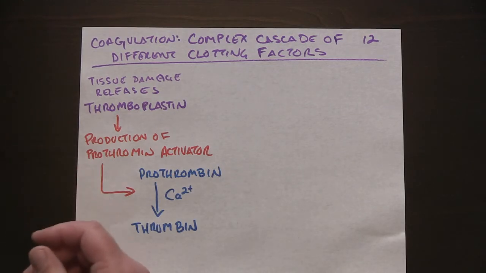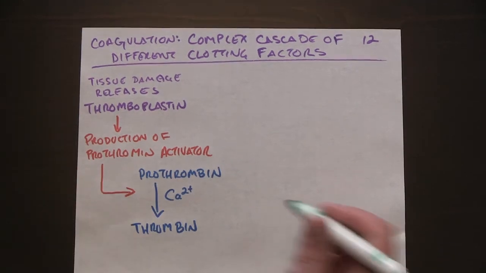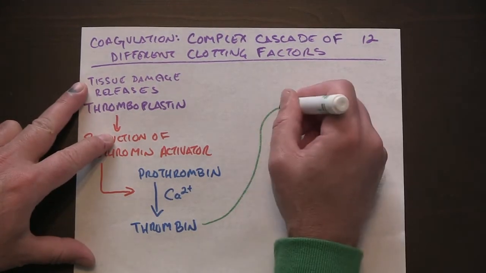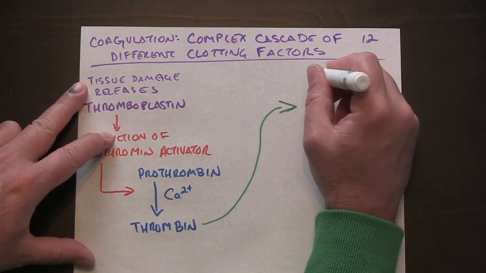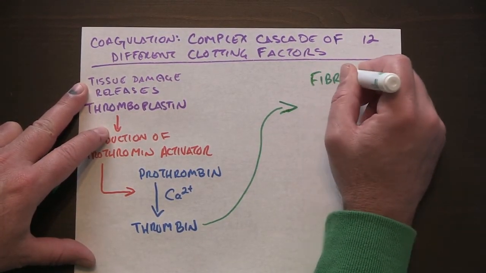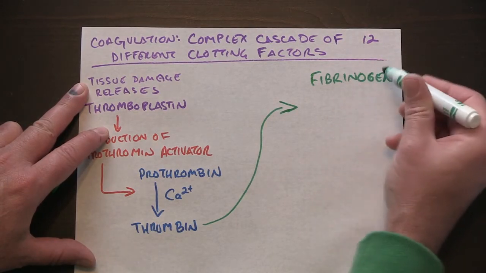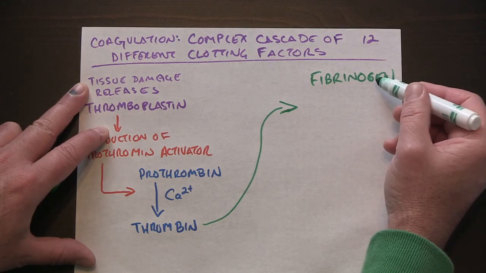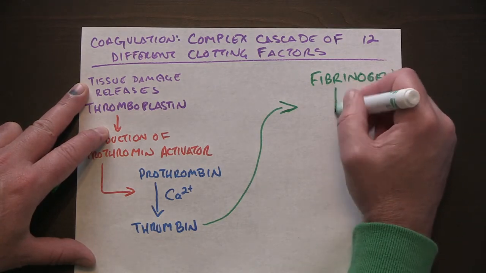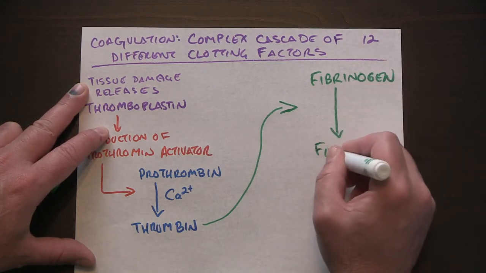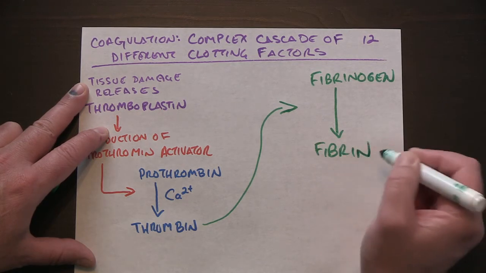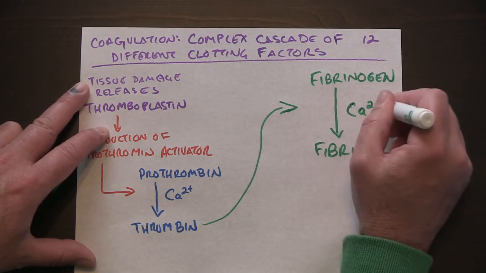Thrombin, in turn, converts fibrinogen, which is one of the proteins we just talked about that's dissolved in your blood, to fibrin with the help of calcium.